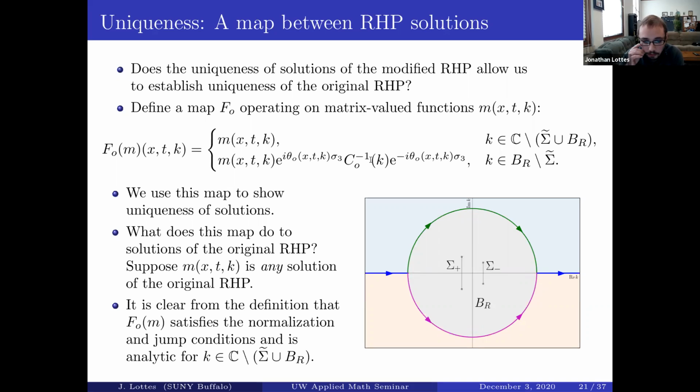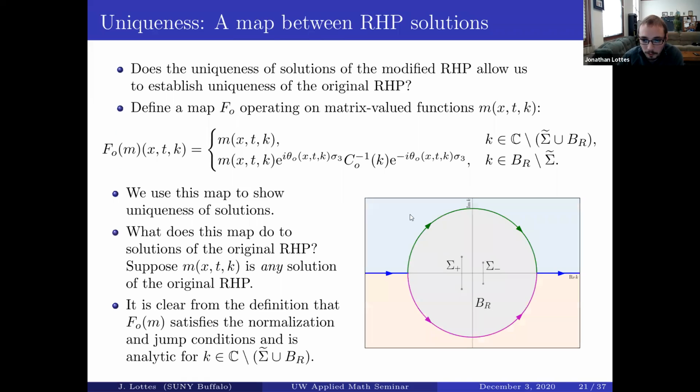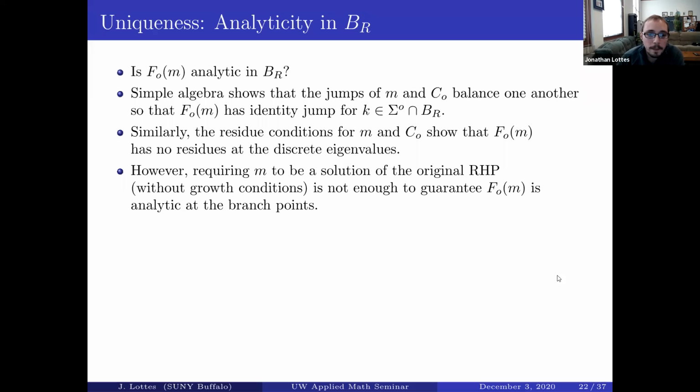However, C naught was also a solution to that Riemann-Hilbert problem. And so it also has jumps along the real axis and the branch cuts inside the ball. It's easy enough to check that the discontinuities of any solution of the Riemann-Hilbert problem and the discontinuities of this C naught that we've designated cancel one another out. And so we have identity jump inside the ball. So we're analytic on this continuous spectrum portion.